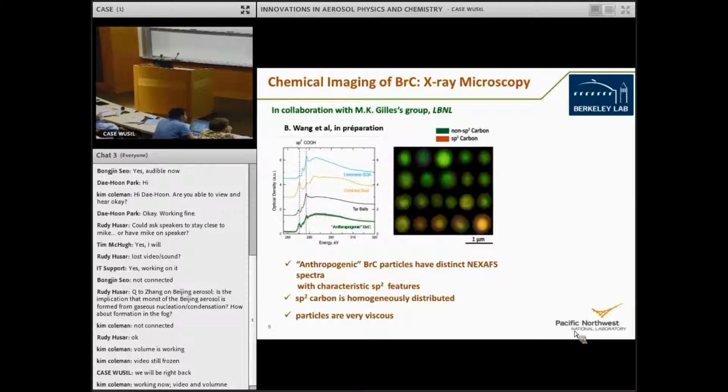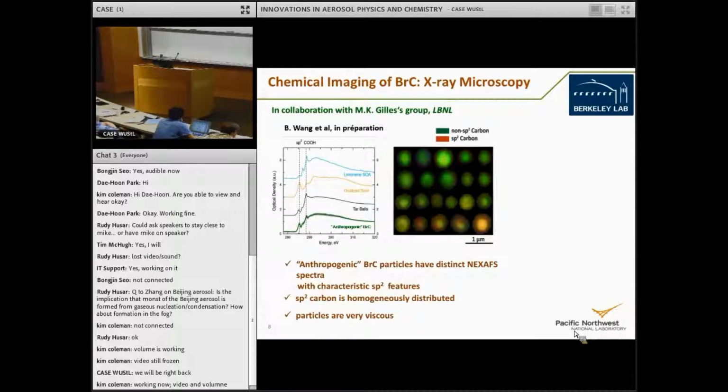So we see the carbon-carbon double bond, the carbonyl form of carbon within the individual particles. These are particles substantially larger than the tar balls that I showed. And again, these are very important assumptions for the modeling of the optical properties, for understanding what kind of bonds or chemical information contributes to the light absorption of this particle.